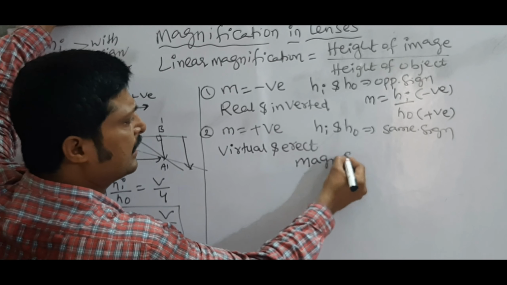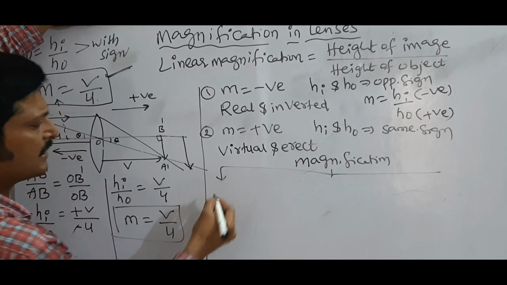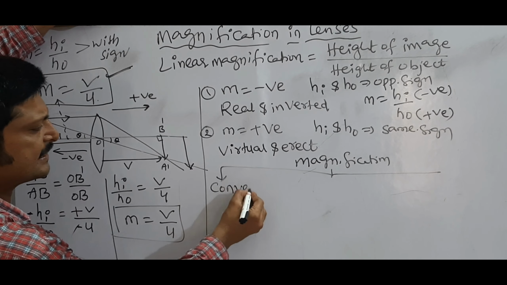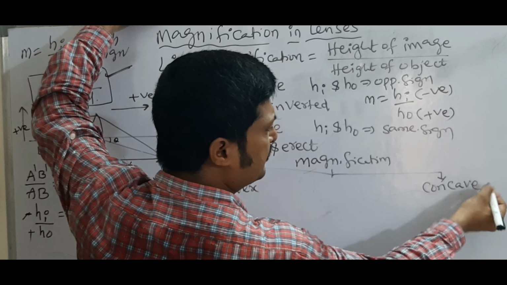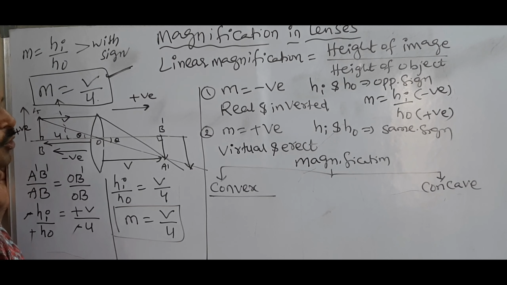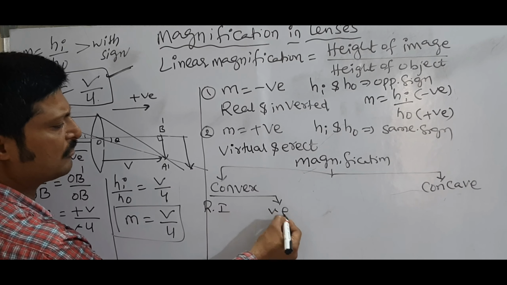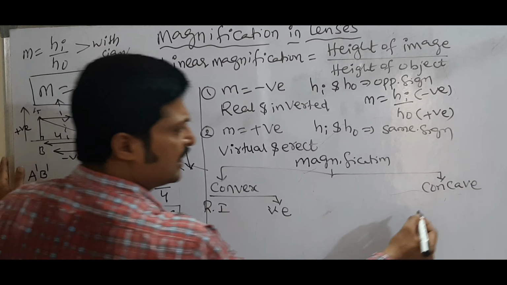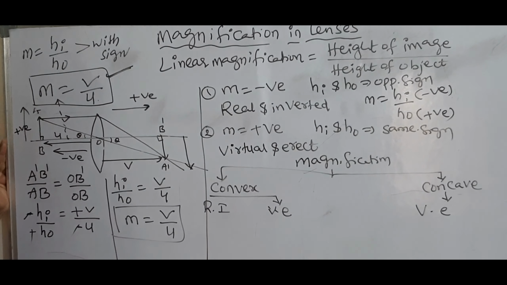Now see here, magnification for convex lens and for concave lens. We know very well, a convex lens forms two types of images, real and inverted, and virtual and erect. A concave lens always forms one image, that is virtual and erect.